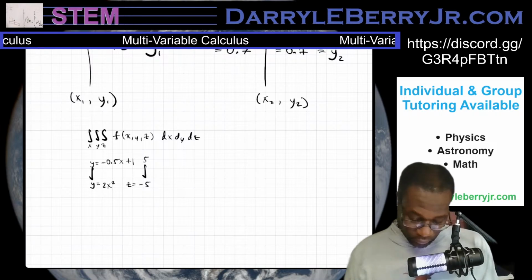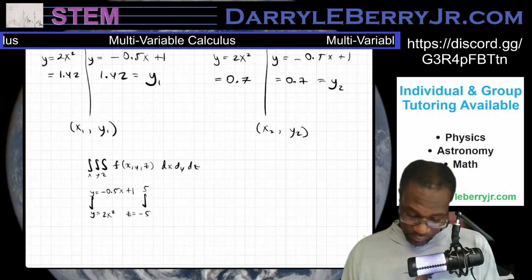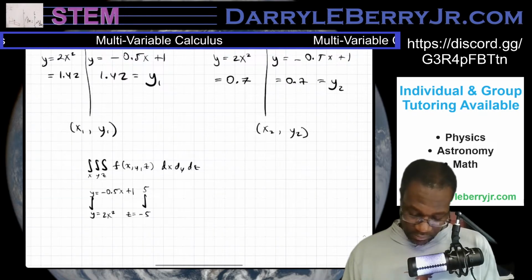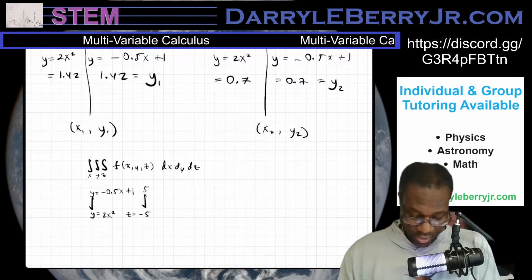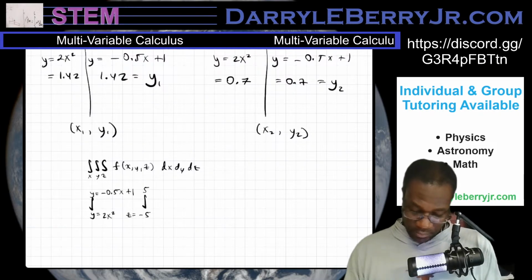And x, well, x does have a bound. x goes from that to that. So I'll do the x variable last. Actually, I'll do the x variable second.